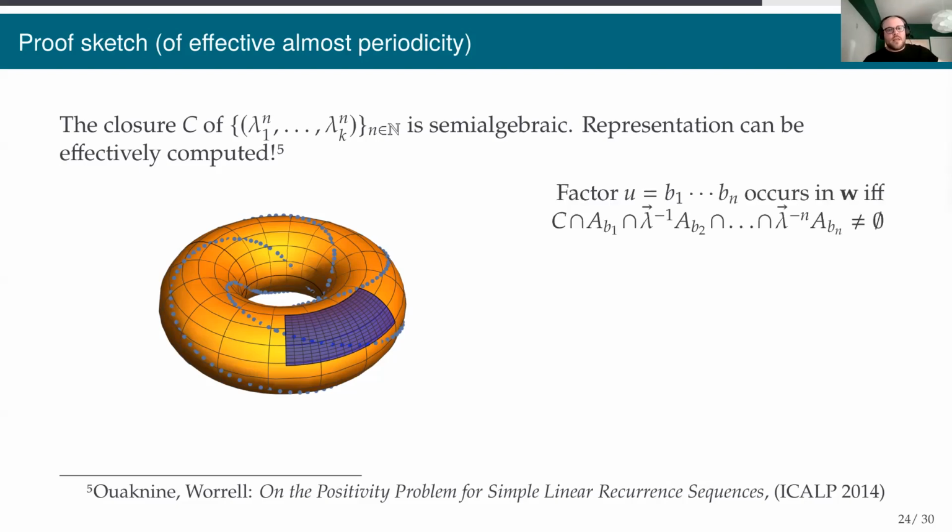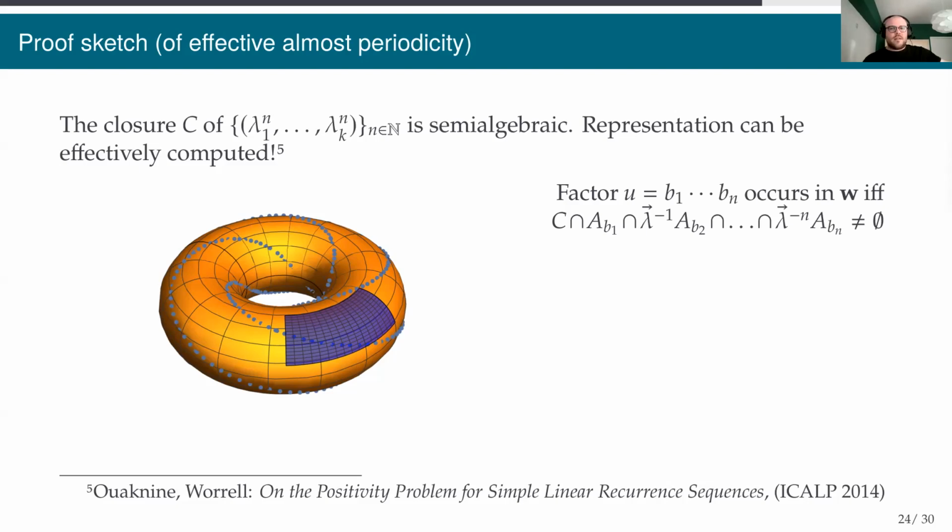Okay, so then, as is usual in codings of rotations, you have a factor. You can encode it as a condition of an intersection of sets being non-empty.